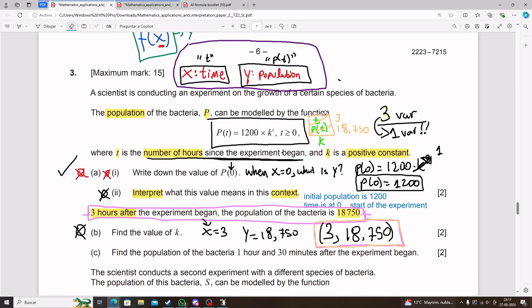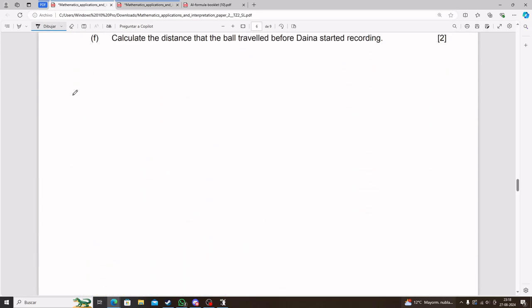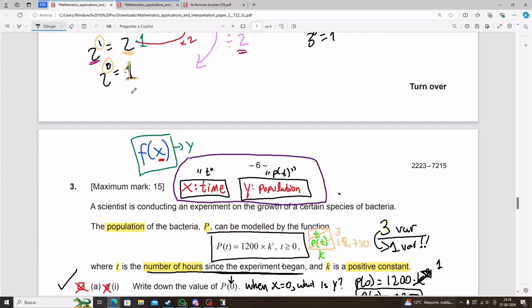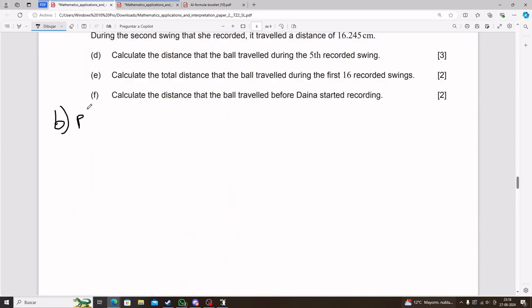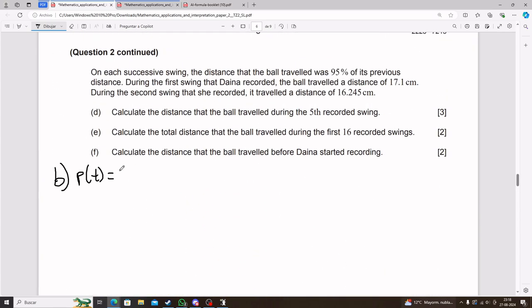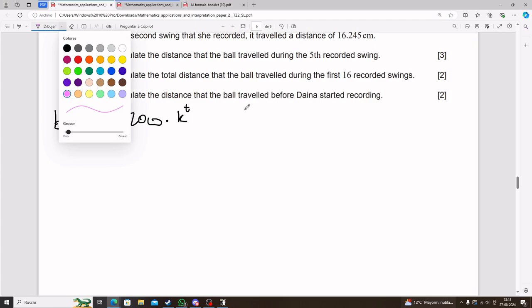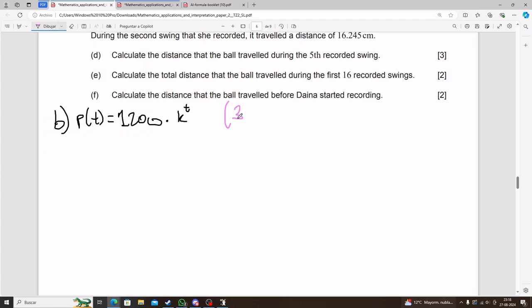So if I go ahead and plug in k from here, there's a lot of space here. For part B, my equation is P(t) equals 1,200 times k to the power of t. Part B gave me the information that I put earlier in pink, the set of points 3, 18,750.